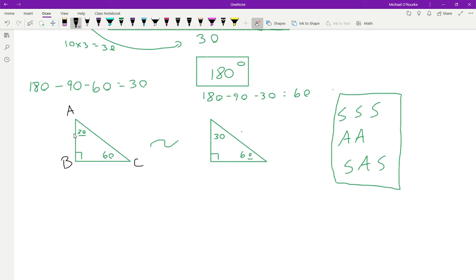So for this one, I went from 30 degrees to 90 degrees to 60 degrees. So if I was going to label this one, and let's label this one X, Y, Z, I have to go from 30 to 90 to 60. So if I write that out, I can say triangle ABC similar to triangle XYZ.